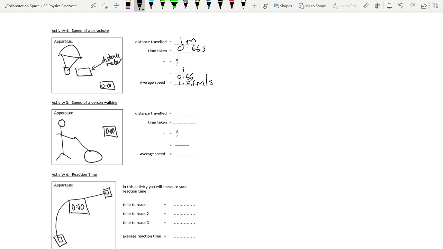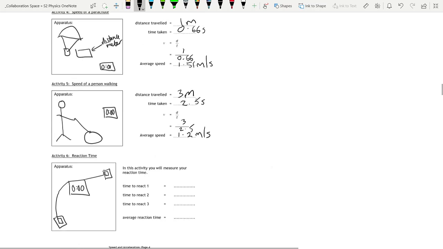And you time how long it takes you to walk 3 meters. So for example, distance travelled 3 meters, time taken 2.5 seconds for that. So speed is distance divided by time. So 3 divided by 2.5, which comes to 1.2 meters per second.